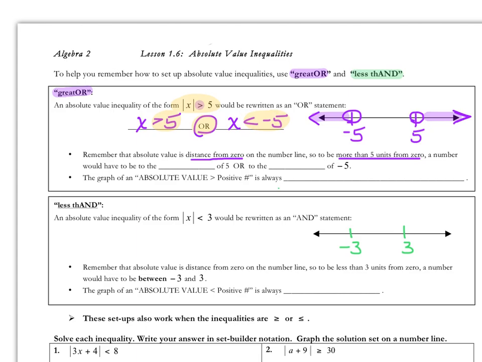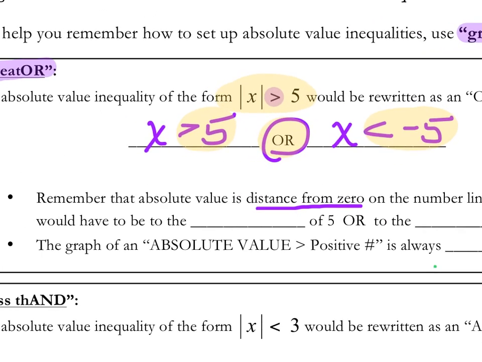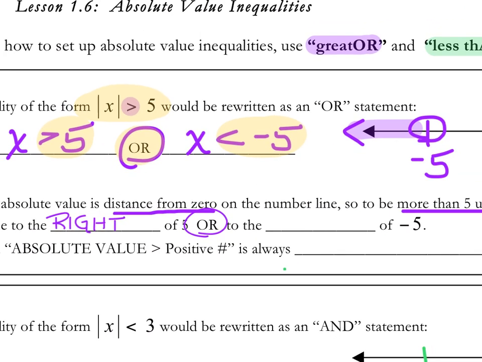So filling in the rest of the blanks down here, absolute value greater than a positive number is going to have to be to the right of the positive value, in this case 5, or to the left of the negative number, which in this case would be -5.